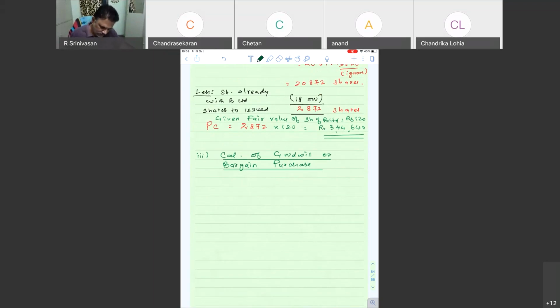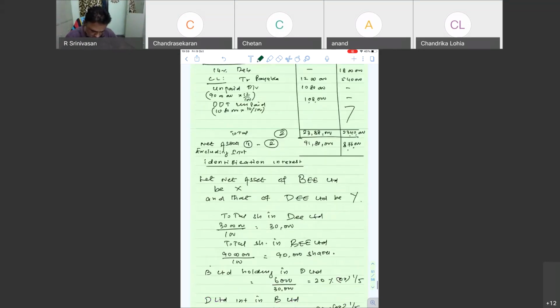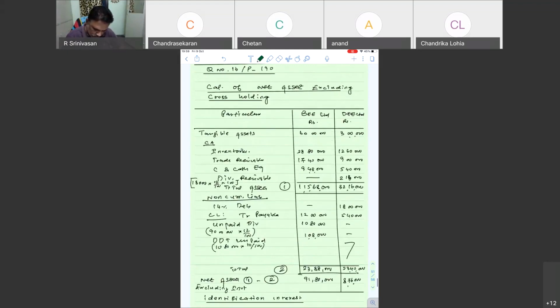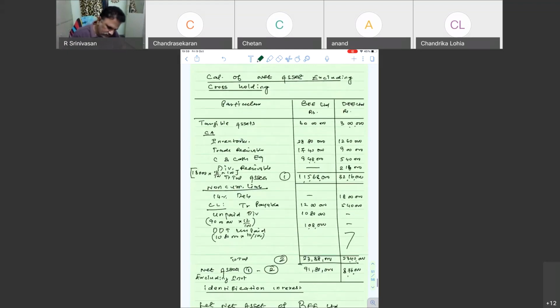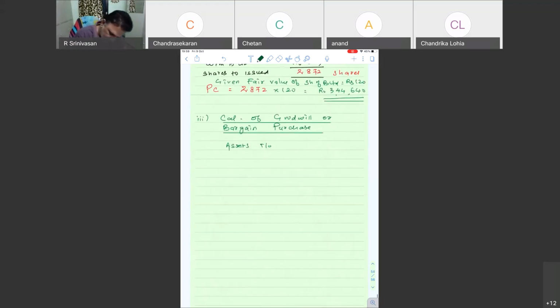So assets taken over, we have already got the value here. Its value is 32 lakh 16,000.